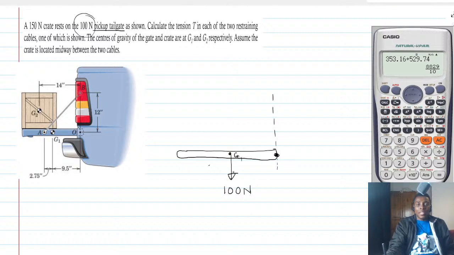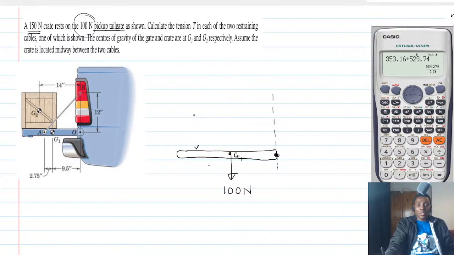Now the crate. So the crate is G2. And then the weight of the crate was given as 150 newtons. And then since we know the weight of the crate and then the center of gravity of the crate, we can simply say that okay, so the line of action of the weight of the crate is something like this, which will pass through J2.